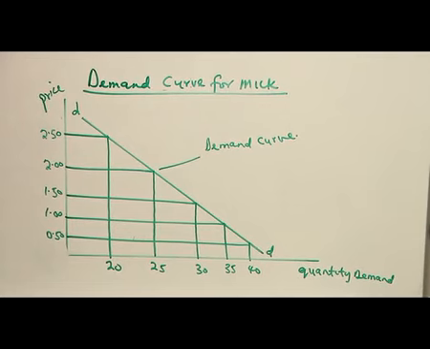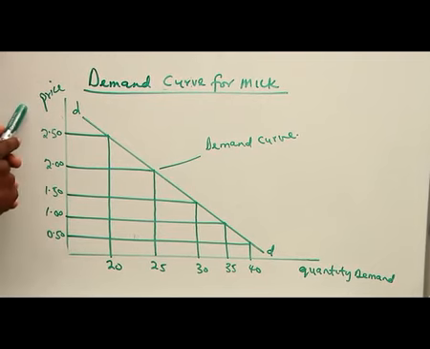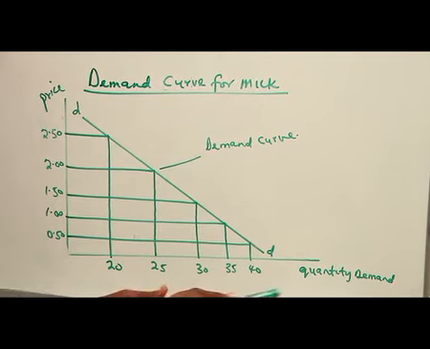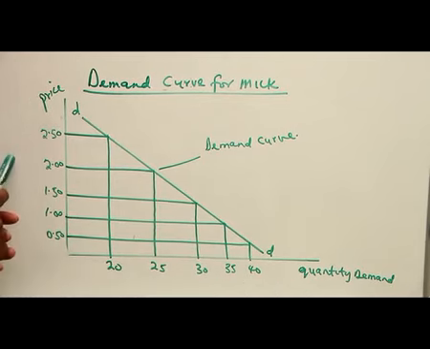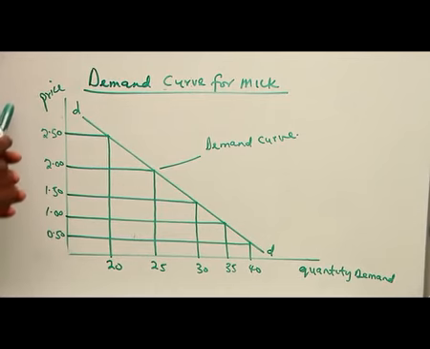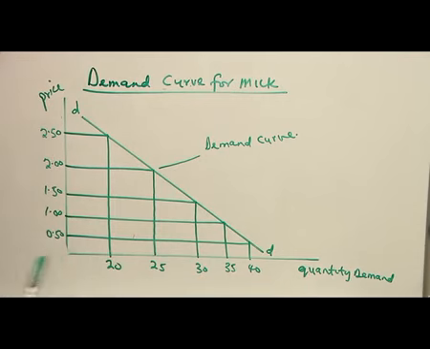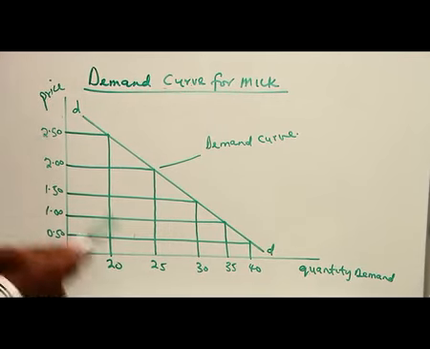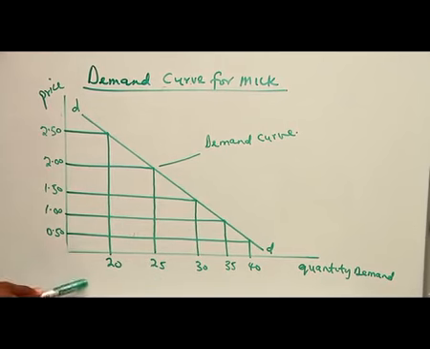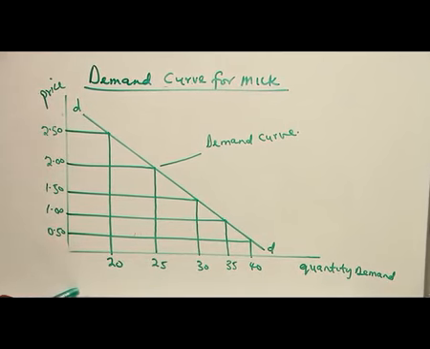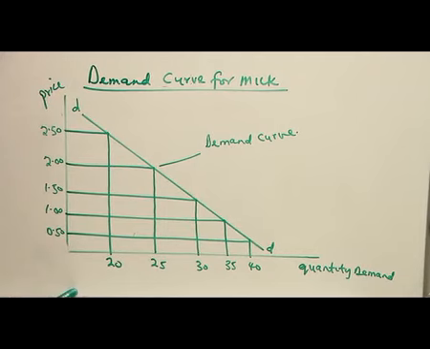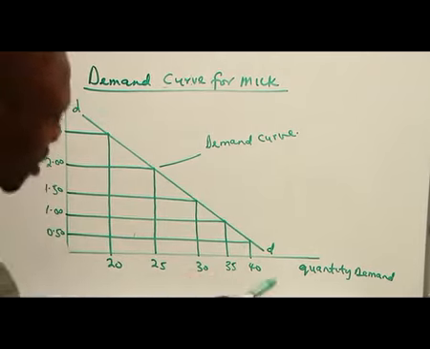In demand curve, we observe that the relationship between price of the commodity milk and quantity demanded of the commodity milk happens to be inverse, opposite. As the price is reducing, quantity demanded is increasing. But if the price is increasing, quantity demanded will be reducing because the commodity is a normal good, showing that the demand curve is downward sloping.